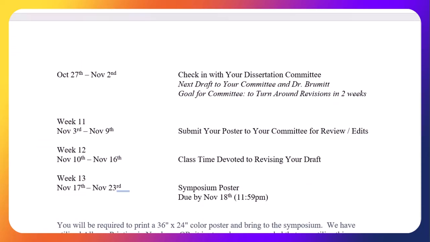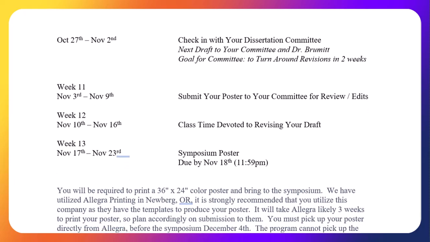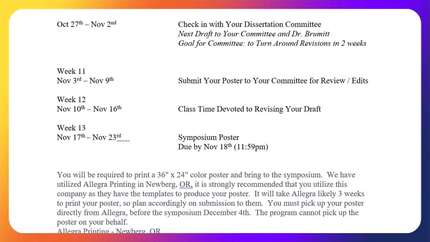And then the week of October 27th, you need to be checking in with your dissertation committee. You're going to be sending your next draft at that point by November 2nd to your committee and to me. And then the goal again for the committee is to turn around revisions in 2 weeks. By the end of November 9th, you're going to be submitting your poster to your committee for review and edits.